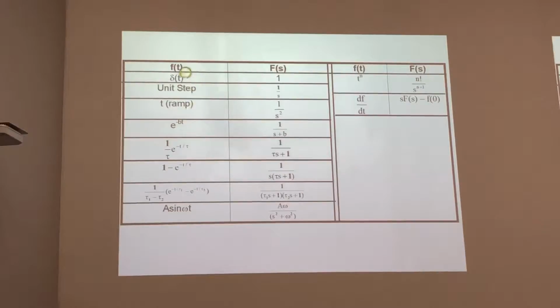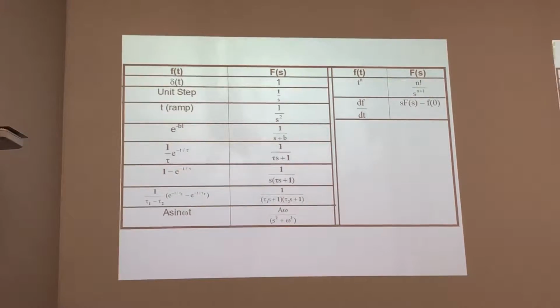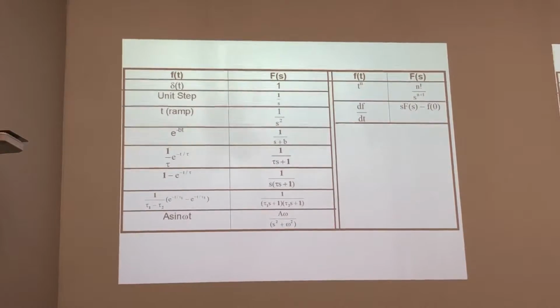So if I have a function like this, Laplace becomes this, and the inverse becomes like this. Any process dynamic normally will have a differential equation, and we will use this Laplace table to help us solve the problem.